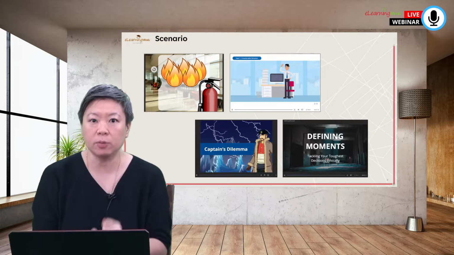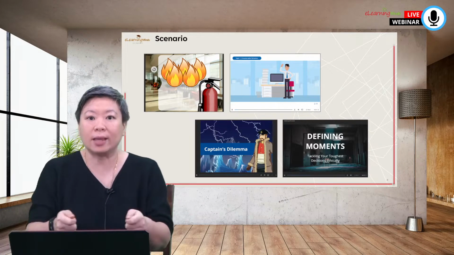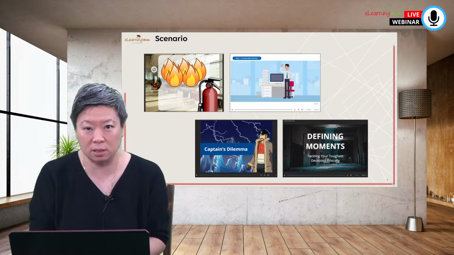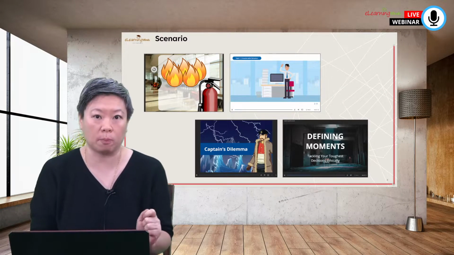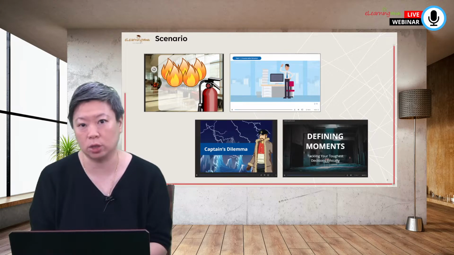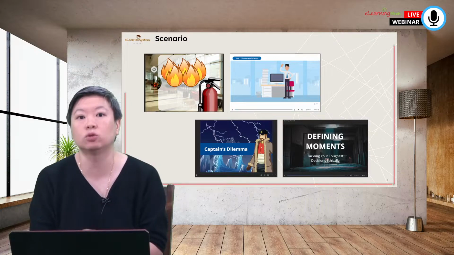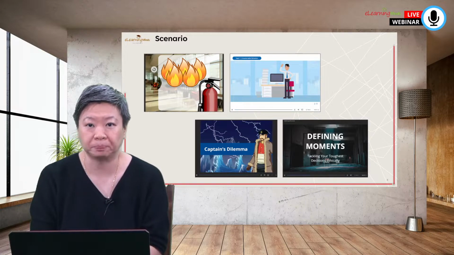Why we say that is because learners will attempt the questions so that they are able to apply the lessons learned in their workplace. So this is based on the evaluation side. Scenario is hard to create, but it is able to be created in Storyline.